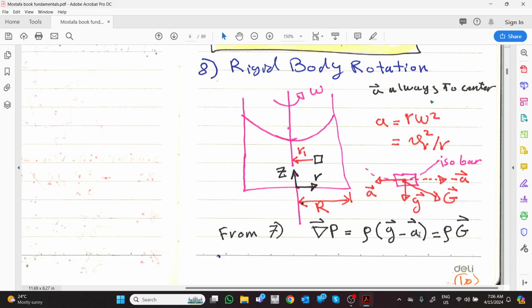Vector g minus vector a, the gradient of p, is equal to, this is an equation itself, the total g, which is between a and g. Of course, here the acceleration is in this direction, so minus a is in the opposite direction. So the full g will be in this direction. Okay.